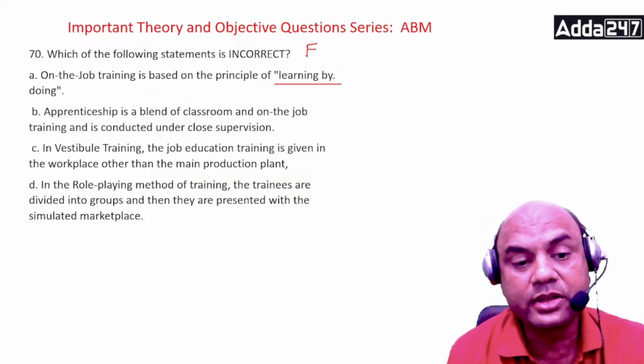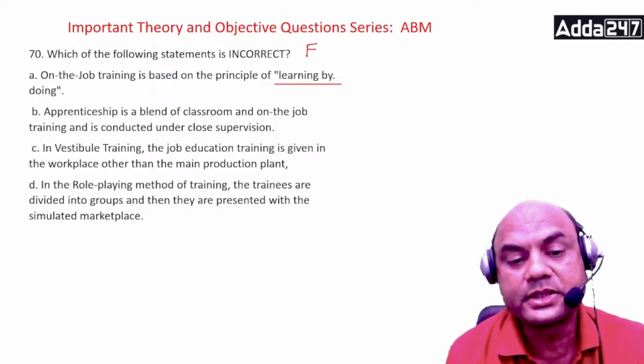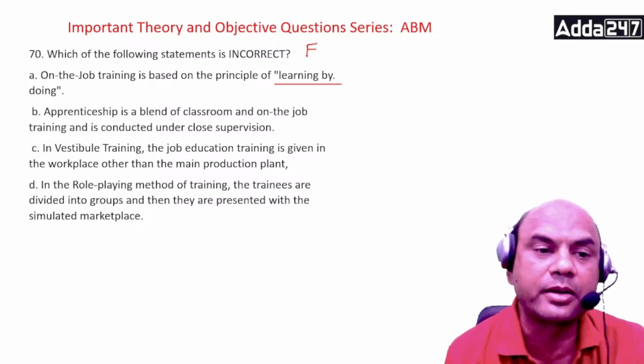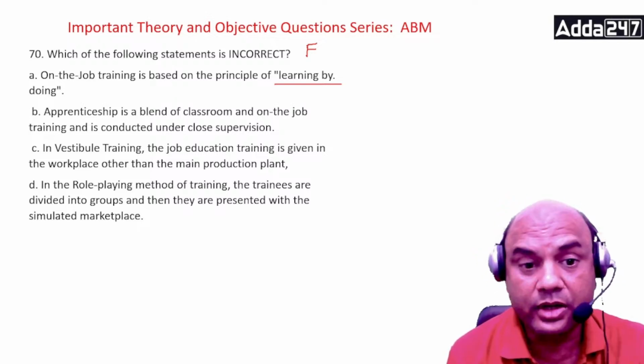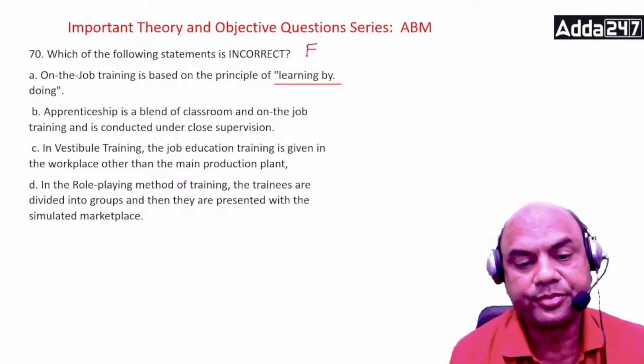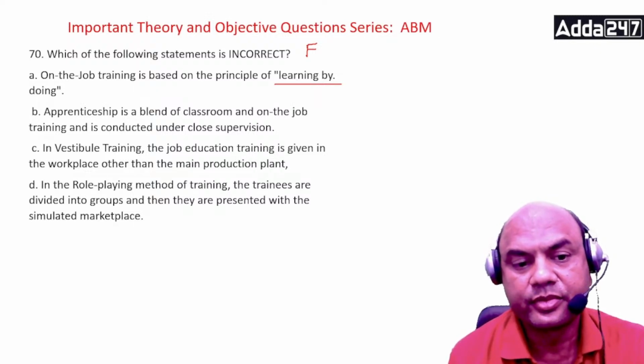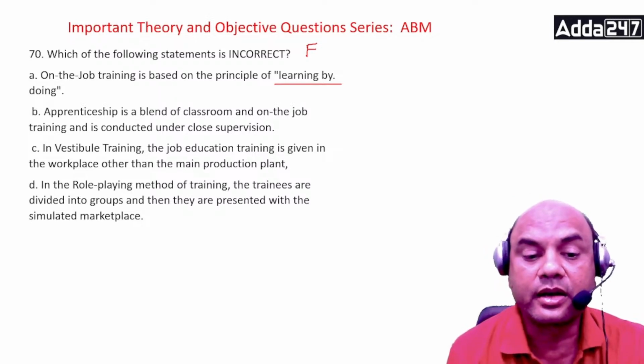In the role-playing method of training, trainees are divided into groups and then they are presented with the simulated marketplace. Now look at this. We want the incorrect one. Which of them is incorrect? Think over it.